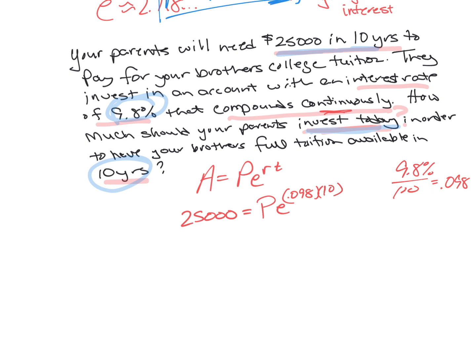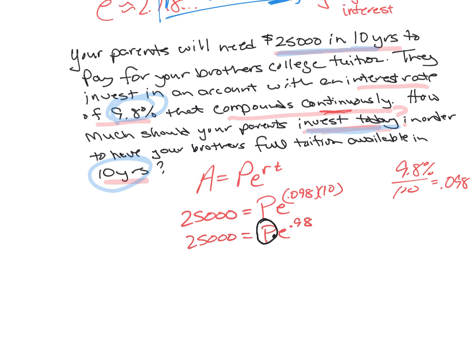So we're going to do our exponents first. So we have our 25,000, and we're going to do P times e to the power of 0.98. Okay, you have to understand how to get variables isolated here. This is multiplying. I want to get P isolated. That's what I'm trying to solve for.